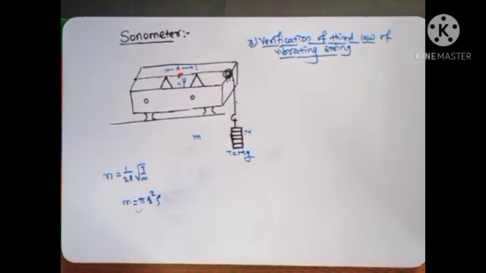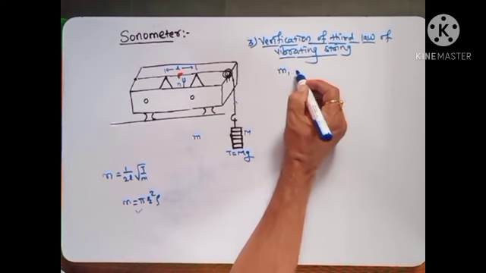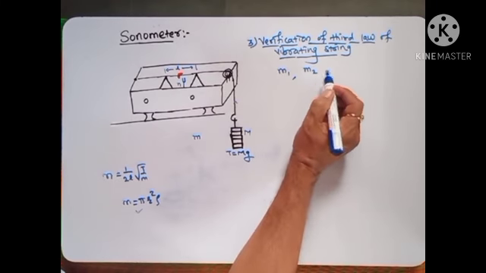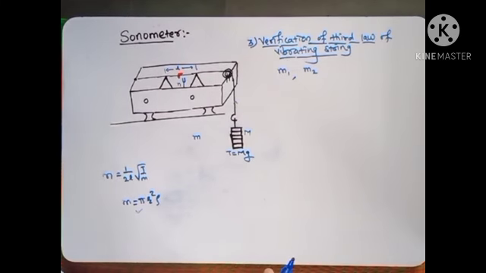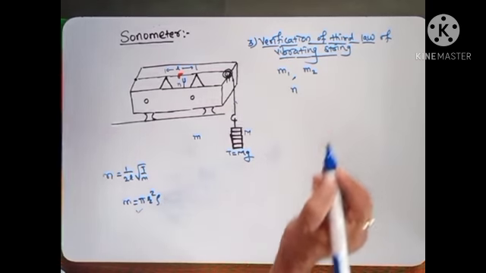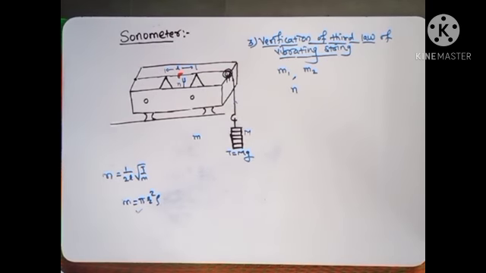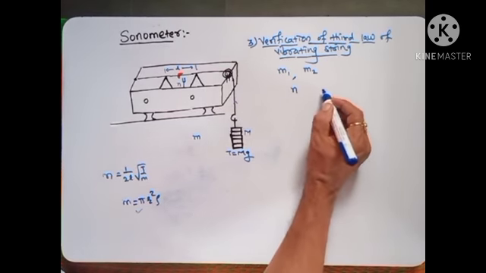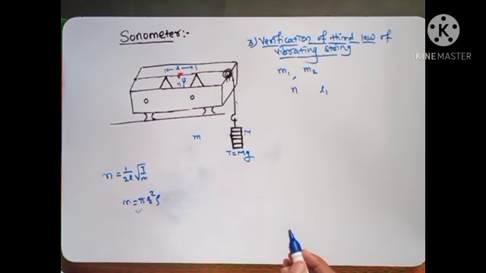See here, suppose we consider two wires having mass per unit length m1 and m2. Now by using a tuning fork, suppose first wire is subjected to a suitable tension and made to vibrate in unison with a tuning fork whose frequency is N. Now vibrating length can be noted. Suppose L1 be the vibrating length.